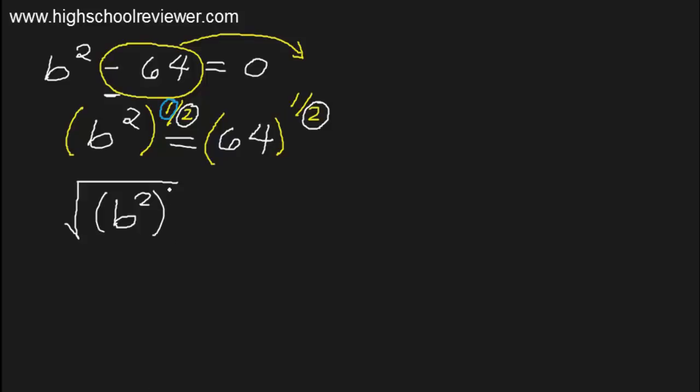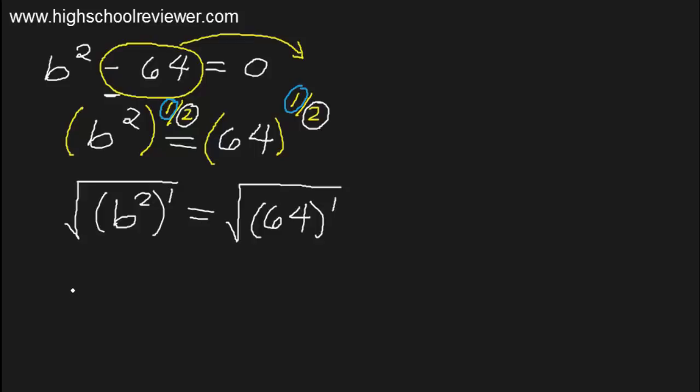So this will be b squared raised to 1. This is equal to, again, the square root, since this is 2, and our base is 64. And then this will be raised to the exponent of 1, since 1 is our numerator. So this will be 64 raised to 1.